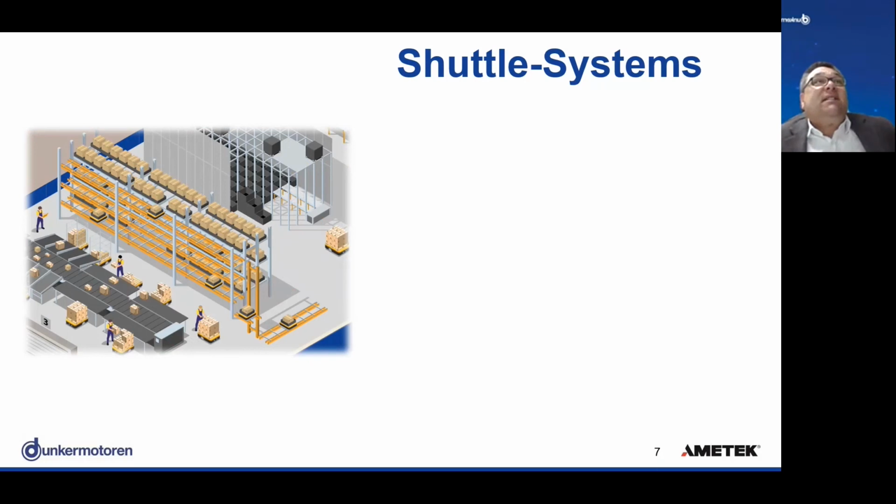Next thing are shuttle systems. So in this case, we go into the high-rise storage area, where you have trays or parcels or pallets which are stored vertically, and in one line, a shuttle is moving the parcel or the tray or the pallet forwards and backwards and feeds it into the storage system or gets it off the storage system and transports it then to a bay where it will be transported elsewhere.